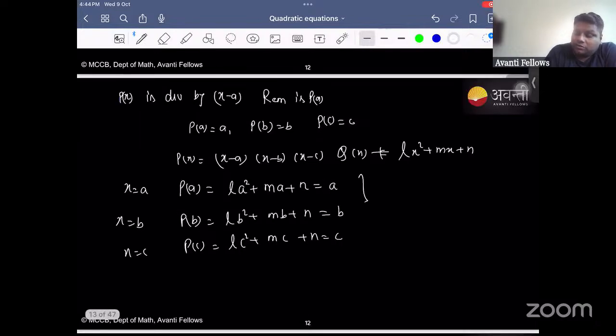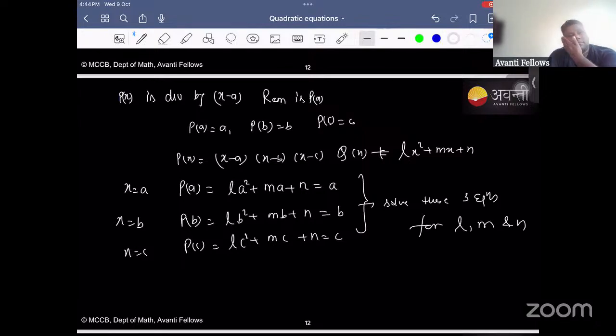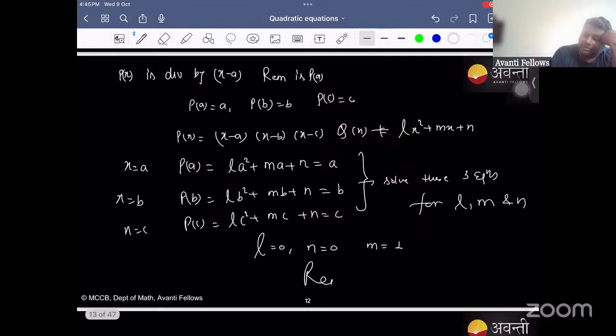Now you have to solve these three linear equations for l, m, and n. Got it? If you solve them, you will get value of l as 0, value of n as 0, and value of m as 1. So remainder will be x.